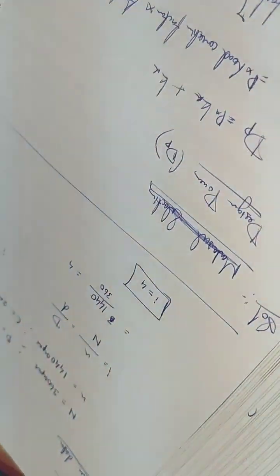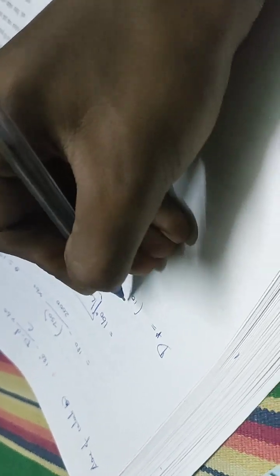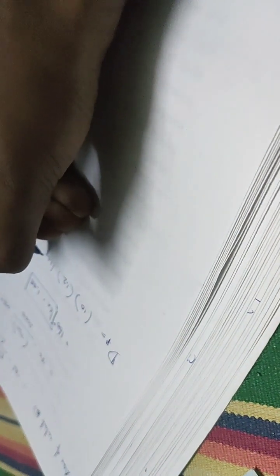Now we can substitute in the design power formula. dP equal to power, 10 kilowatt, into load correction factor 1.2, into 1.08.